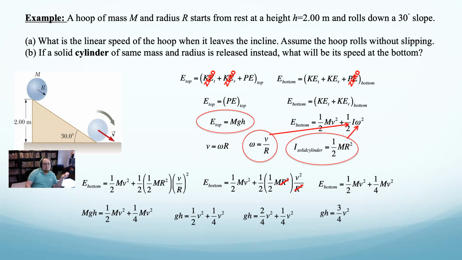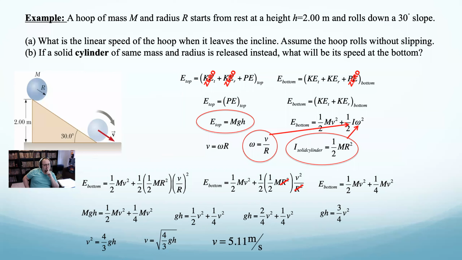If I multiply both sides by 4, divide both sides by 3, and then square root, my velocity is the square root of 4/3 gh, and I get a value. Questions? Okay.